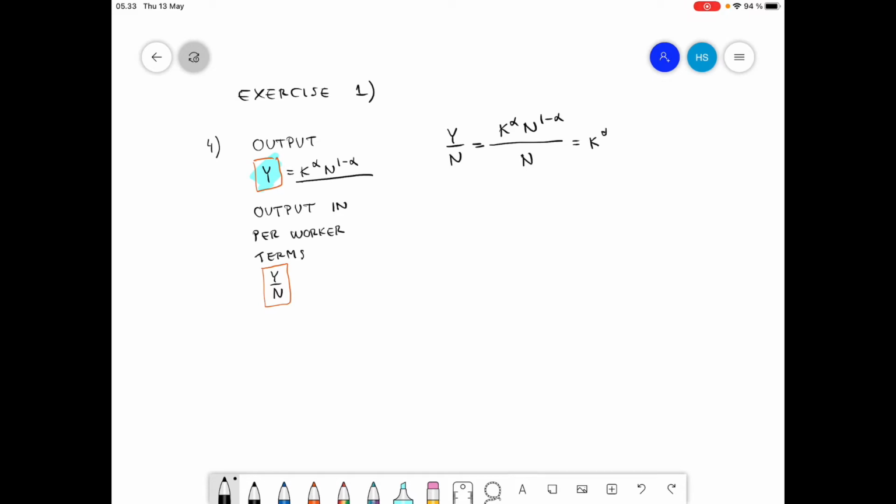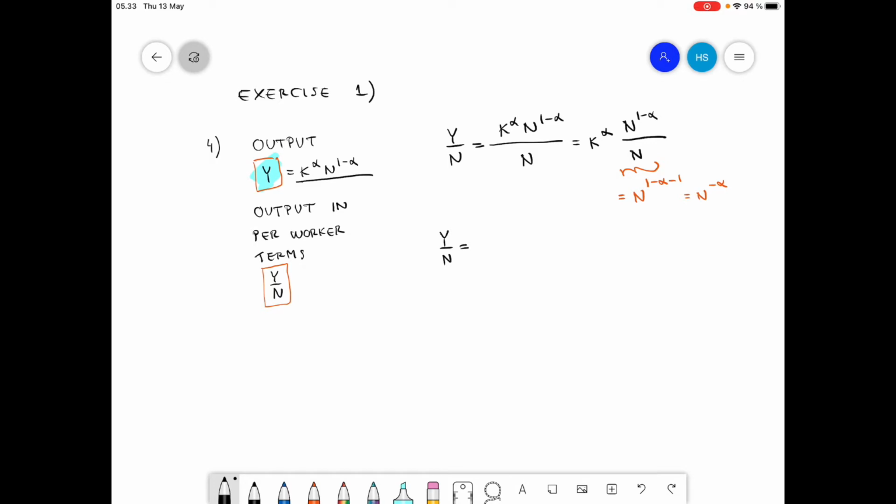This we can rearrange. This is the same as K to the power of alpha times N to the power of 1 minus alpha over N. This we can simplify. This is the same as N to the power of 1 minus alpha minus 1. That is just N to the power of minus alpha.